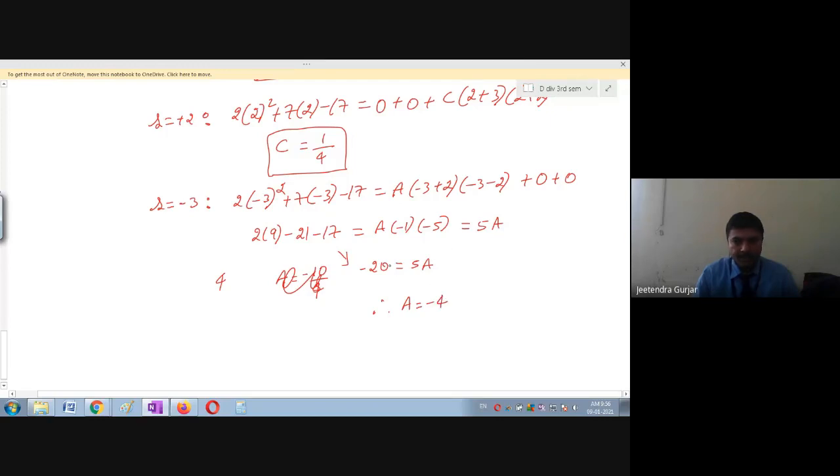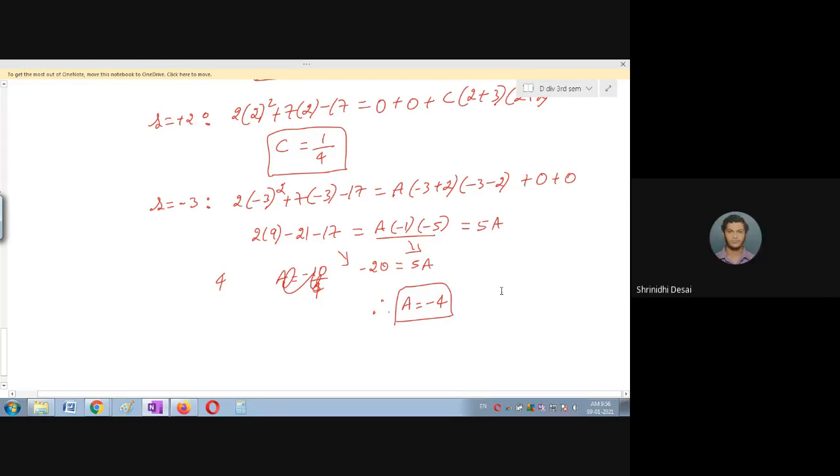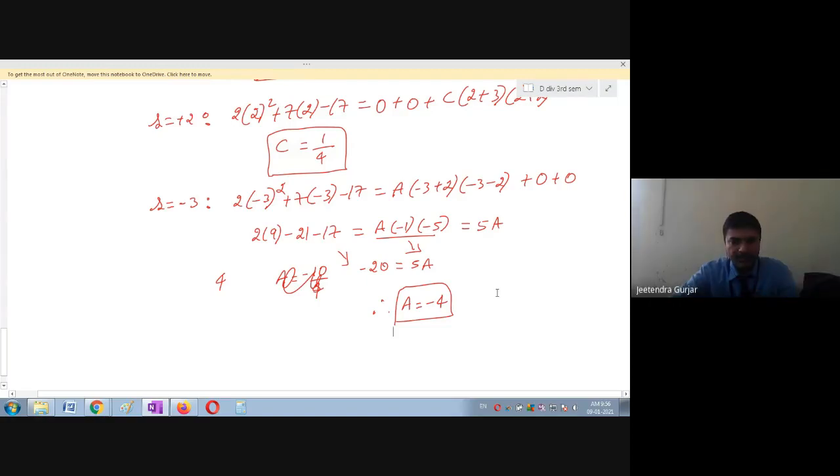Any doubt? Please check. See, this is 5A. You can just see 18 minus 21 minus 17. Is it minus 20? So A is equal to minus 4 is correct answer. Please check, students, once again, because everyone is getting different answer. Minus 4 is correct? Correct, sir. Are you satisfied with this?